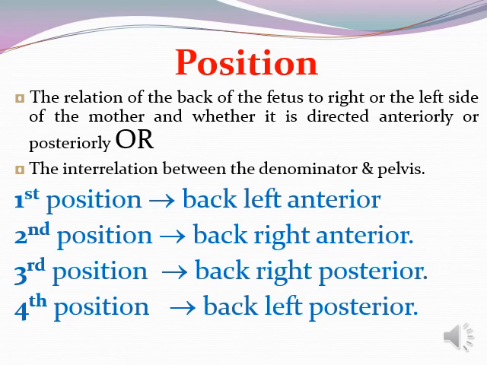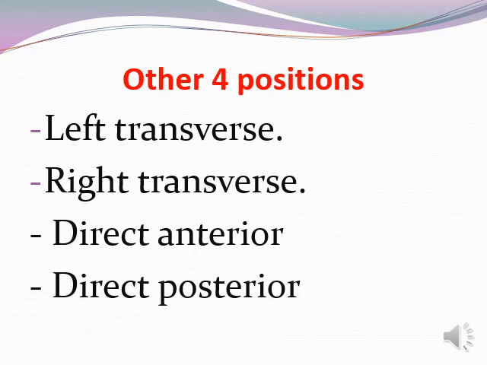By far the most common is the first position, in which the back is left anterior, followed by the second position, in which the back is right anterior, the third position, the back is right posterior, and the fourth position, in which the back is left posterior. Then we have 4 rarer positions, which include direct anterior, direct posterior, left transverse, and right transverse.